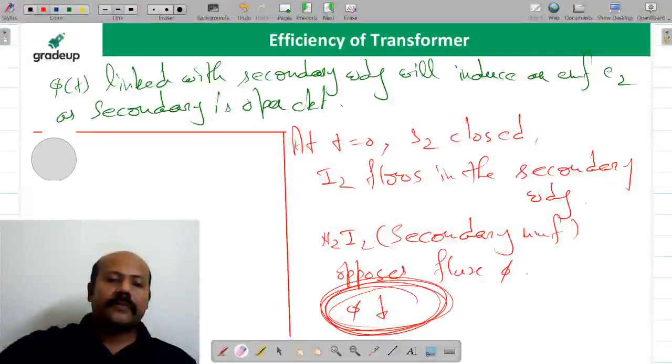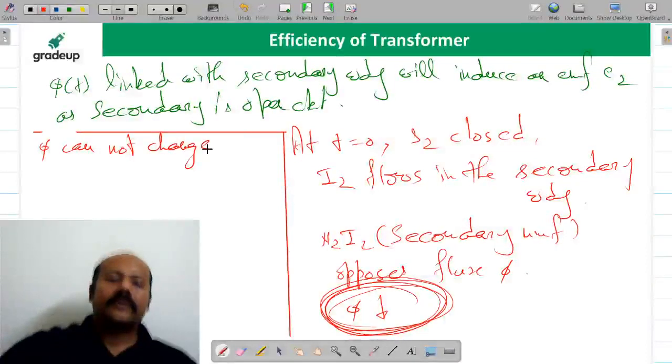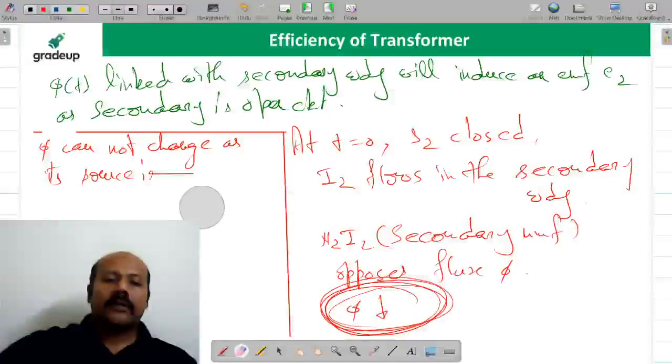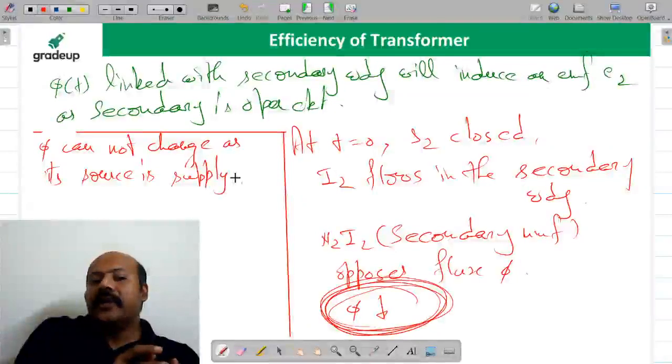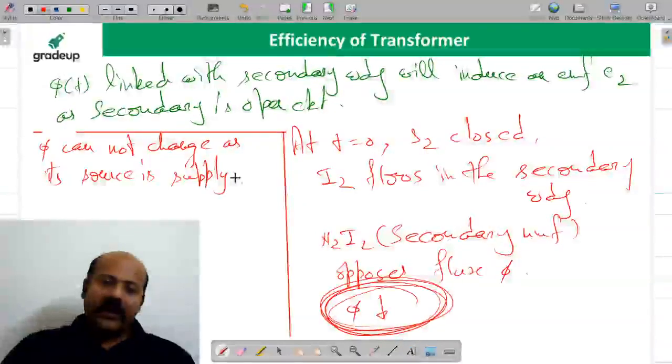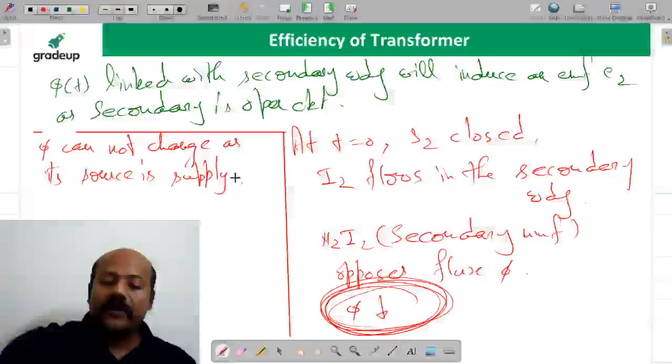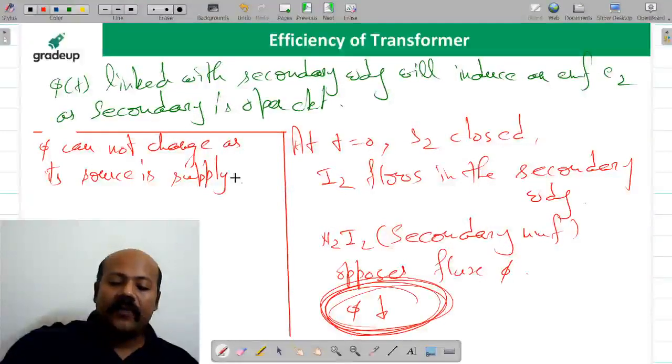Phi cannot change as its source is supply, because your AC supply is going to establish this flux, it cannot be reduced.